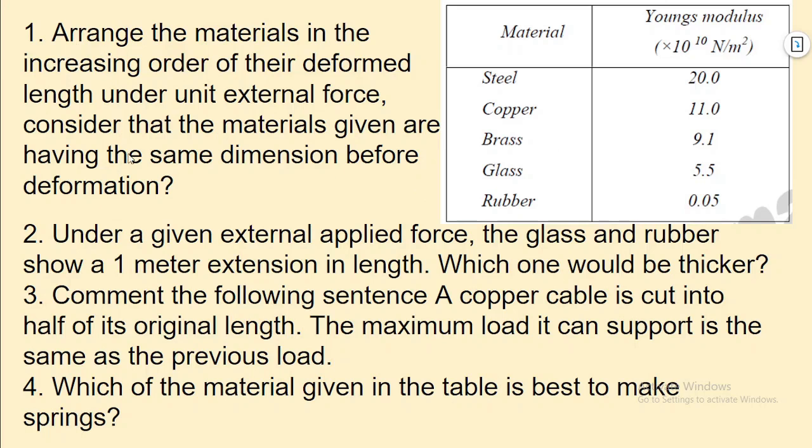So there are some questions that we can answer. Arrange the materials in the increasing order of their deformed length under unit external force. Consider that the materials given have the same dimension before deformation. That means all the materials have the same dimension, and they are undergoing the same external force.